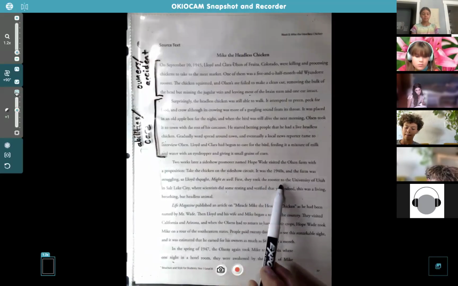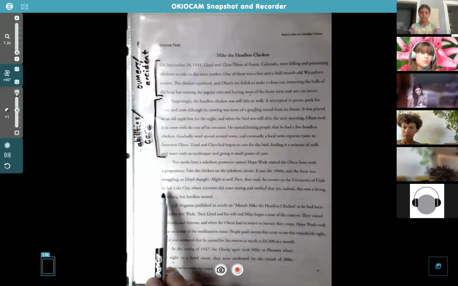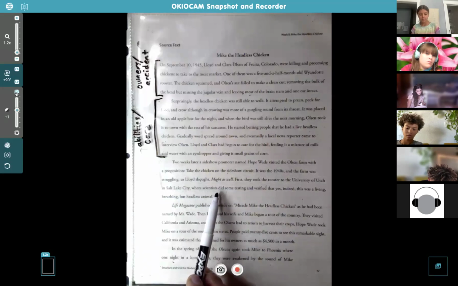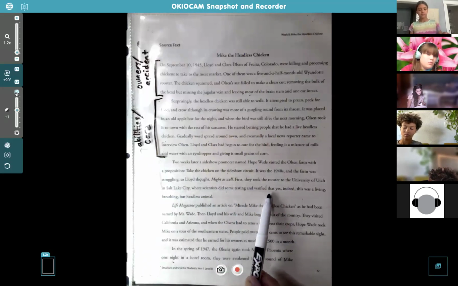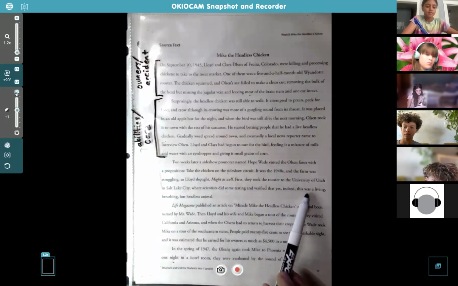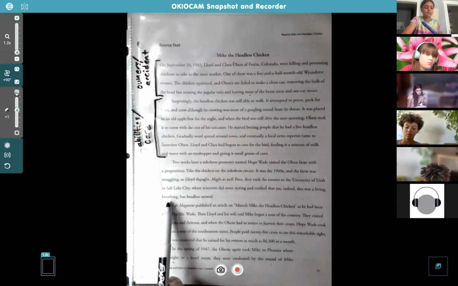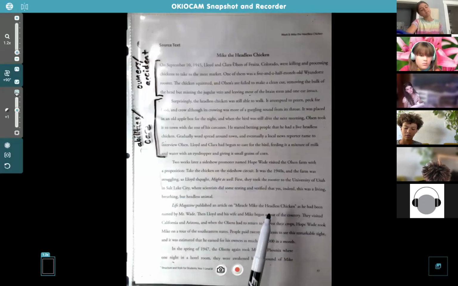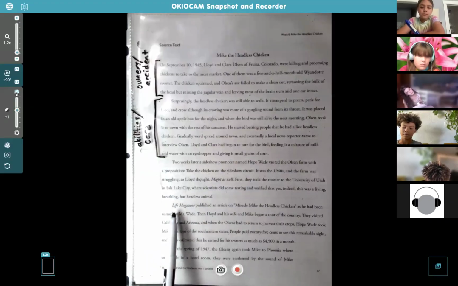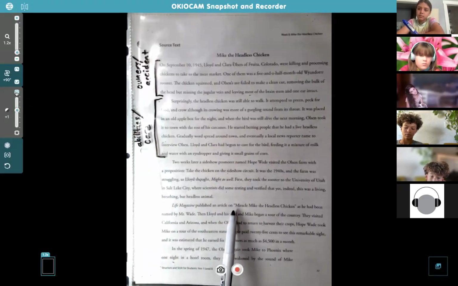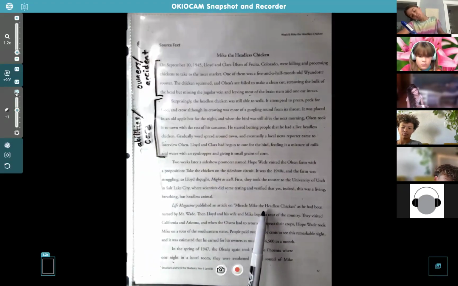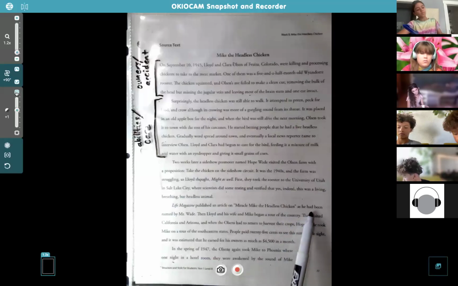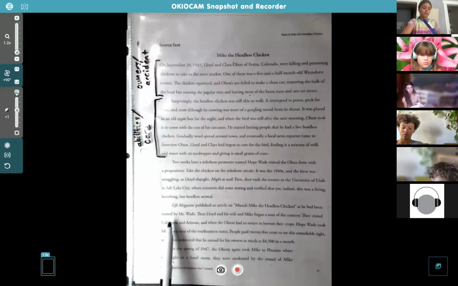First, they took the rooster to the University of Utah in Salt Lake City, where scientists did some testing and verified that yes, indeed, this was a living, breathing, but headless animal. I'm going to keep going. Life magazine published an article on Miracle Mike and the headless chicken, and as he had been named by Mr.